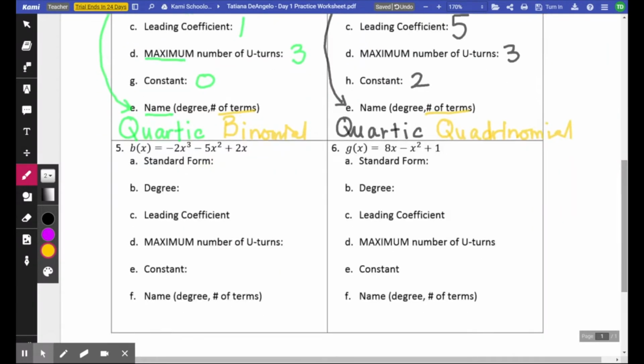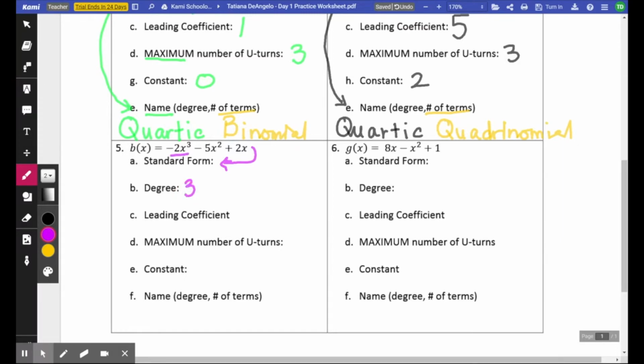All right, moving on. This one is in standard form already. I'm not going to rewrite it this time. I'm just going to be lazy and put it there. That is already in standard form. It goes 3, 2, 1. But what is my degree? Well, the exponent for the leading term, which is the first one, is 3.